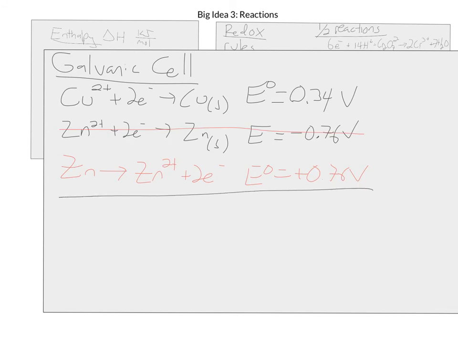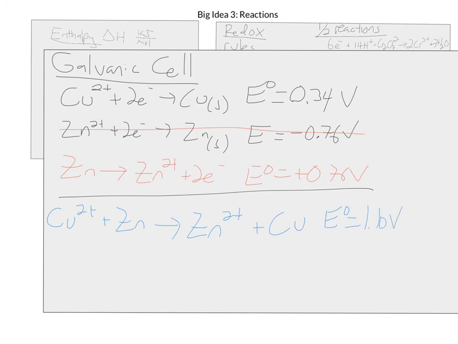We'll add these together, and we'll get a final balanced reaction of copper 2 plus solid zinc makes zinc 2 plus. Zinc is always plus 2, so aqueous zinc plus solid copper. And the cell potential, if we add those up, is 1.10 volts.